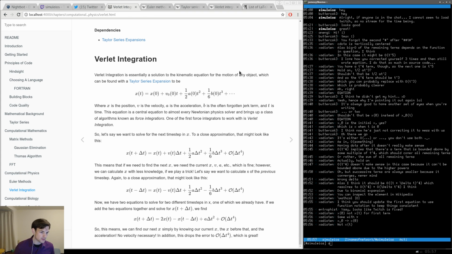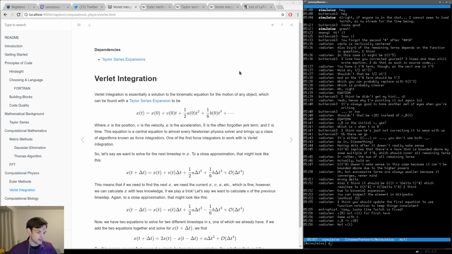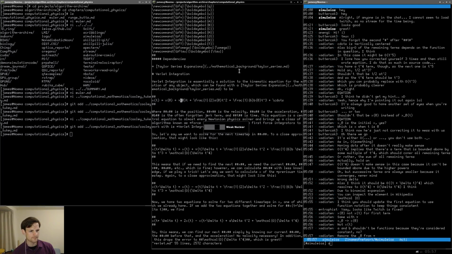Okay, let me finish reading this then. This means that if we need to find the next x, we need the current x, v, a, etc., which is fine. However, a and b shouldn't be functions because they're considered constant. Yeah, okay. That's a good question. Are they considered constants?